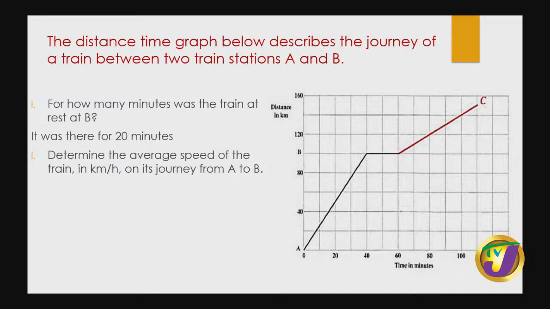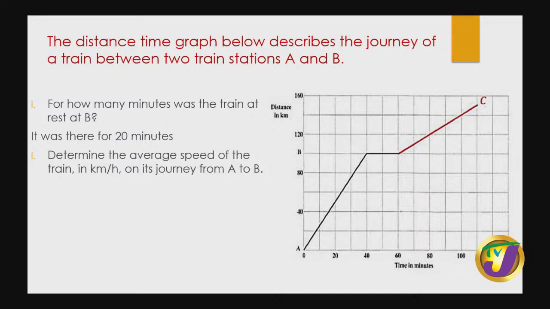The question asks for how many minutes was the train at rest at B. At B, that would be 20 minutes, because looking at the measurement on the y-axis, we're increasing by 20 at each interval. So B would be 100, and 80 to 100 would be 20 minutes.